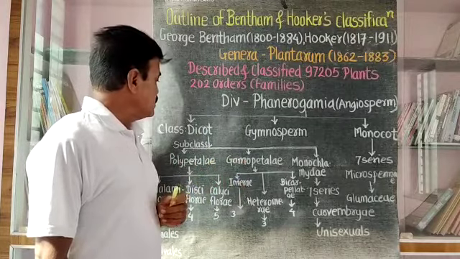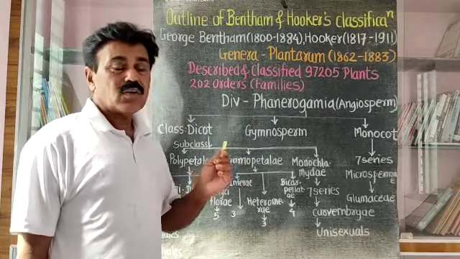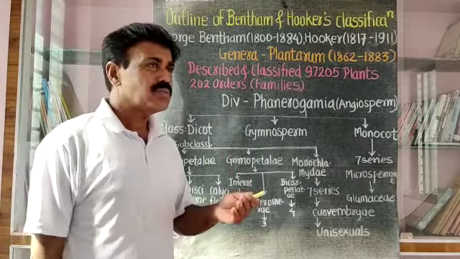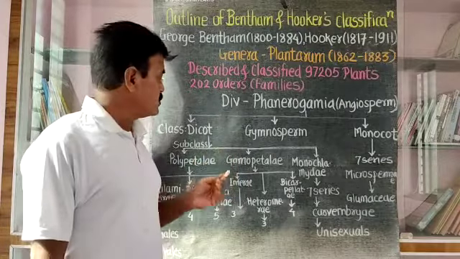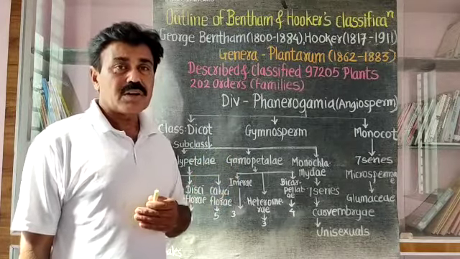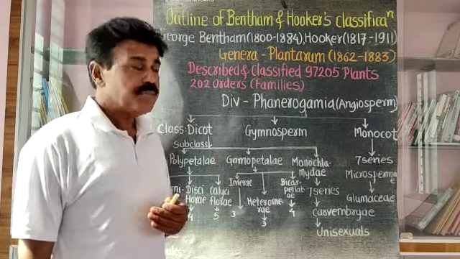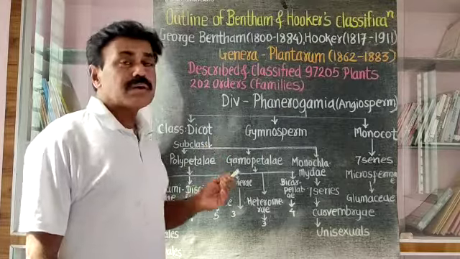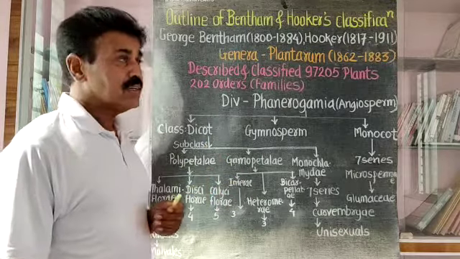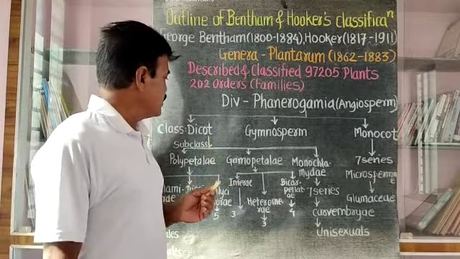Dicots and monocots are classified according to different characters. For example, dicots have 2 cotyledons in the seeds, reticulate venation, taproot system, and vascular bundles arranged in a ring-like fashion. These are some characters of the dicot.